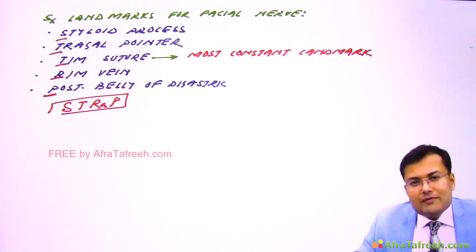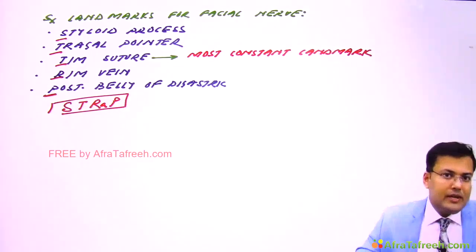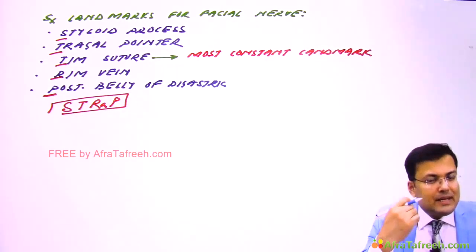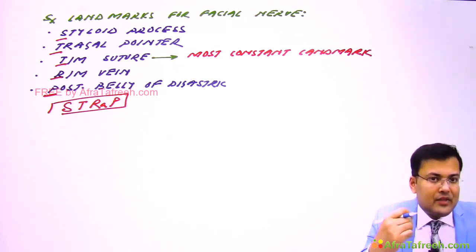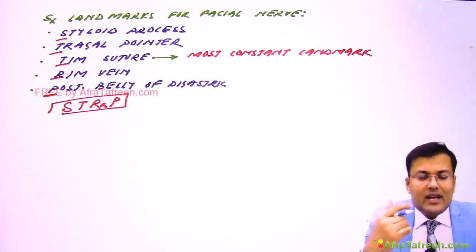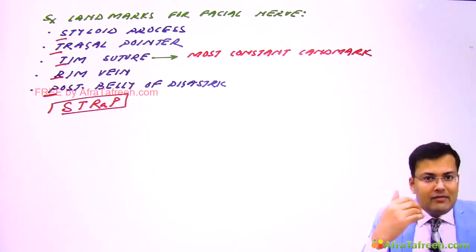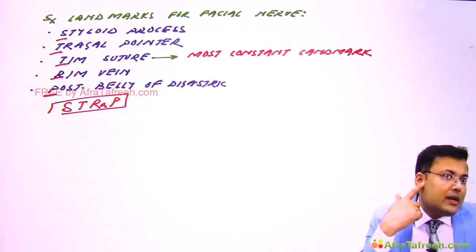Whenever we are going to perform parotidectomy, there are complications. You have seen in the post-operative period, some patients are going to develop facial nerve paresis, which is temporary, and some patients are going to develop facial nerve paralysis. There was one question in AIIMS that a patient after parotidectomy, while shaving, noticed numbness.